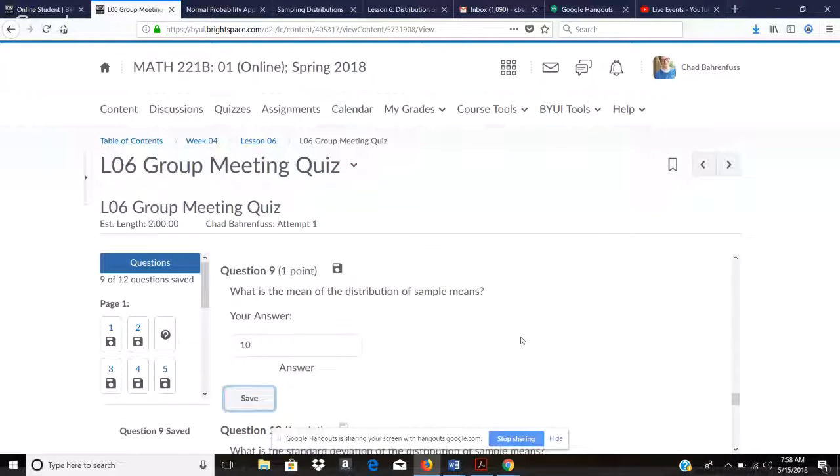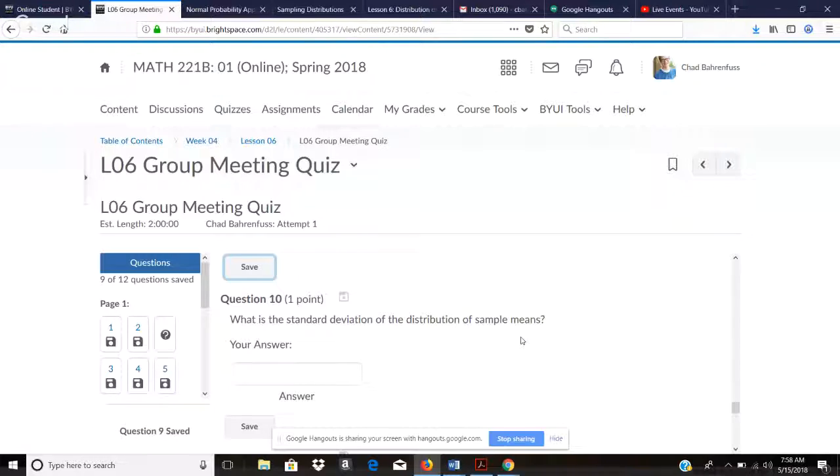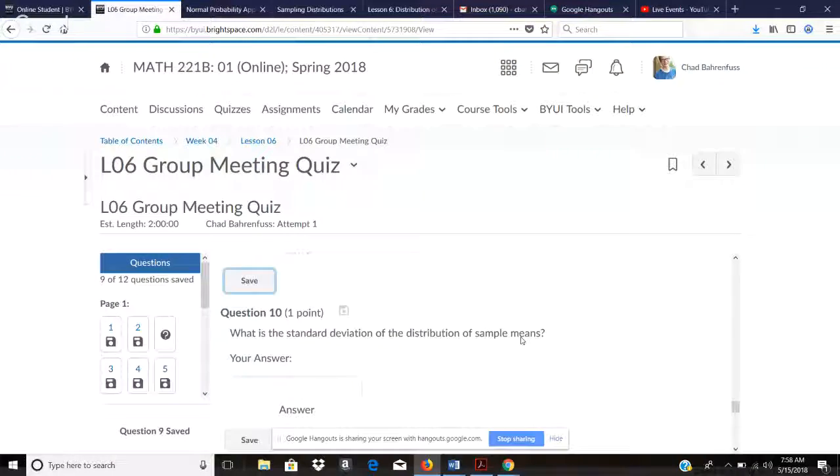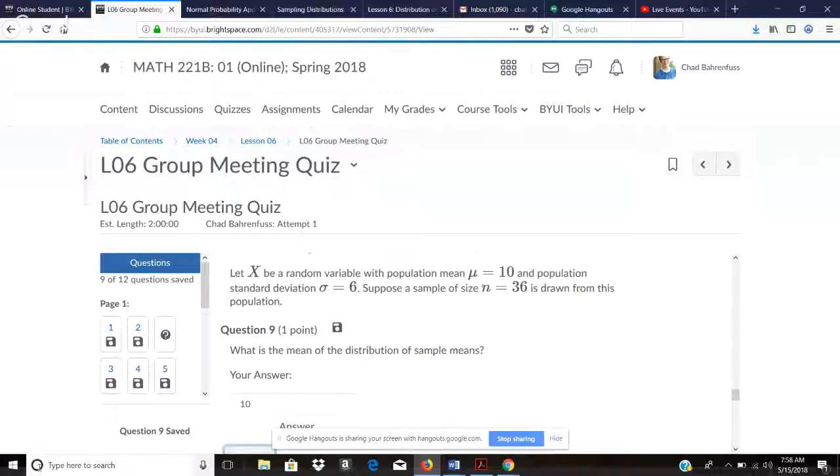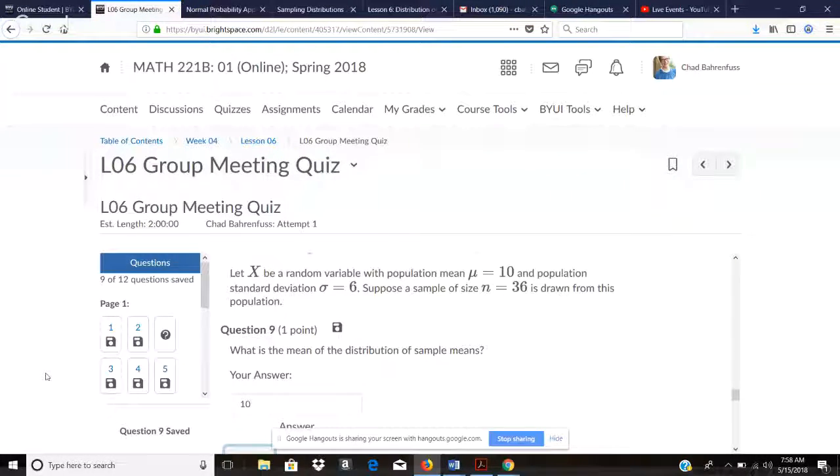For the standard deviation, the formula is 6 divided by the square root of the sample size, which is 36. The square root of 36 is 6.